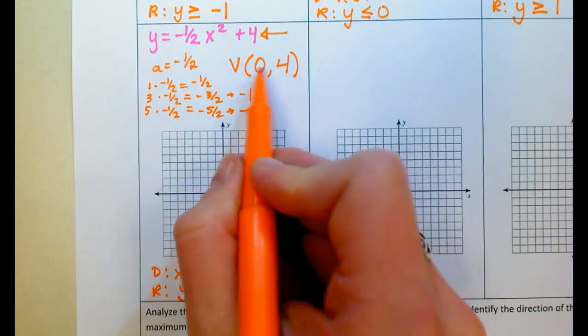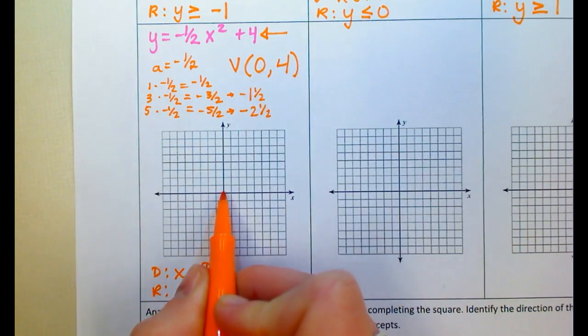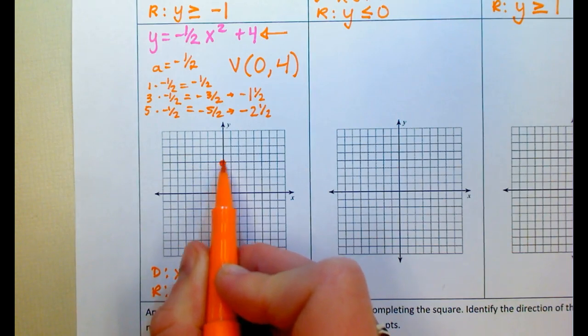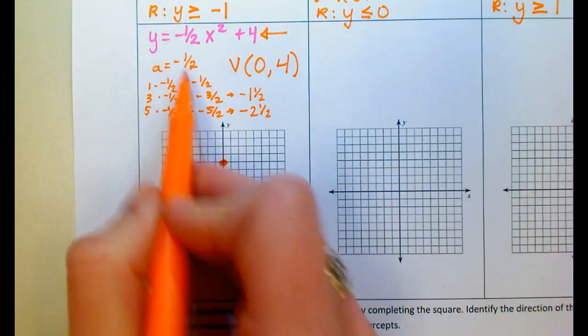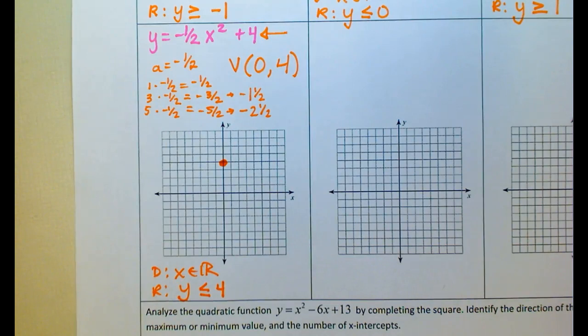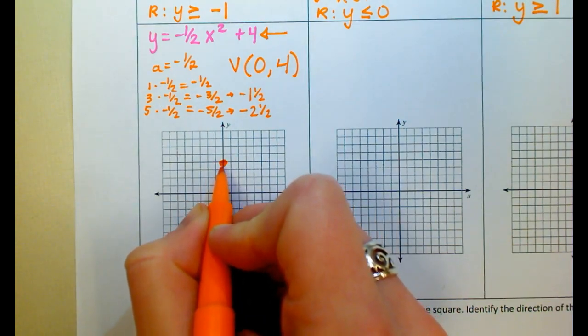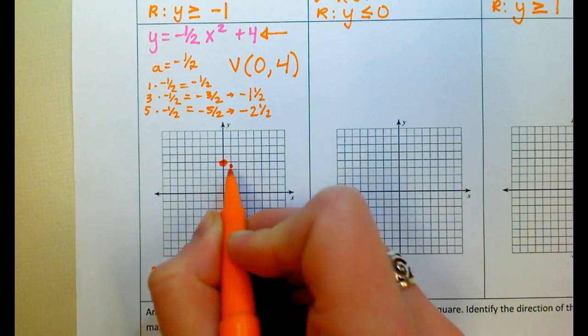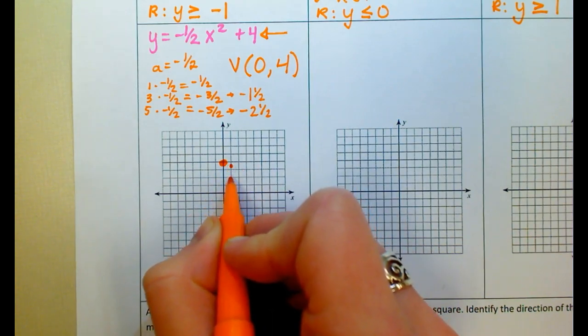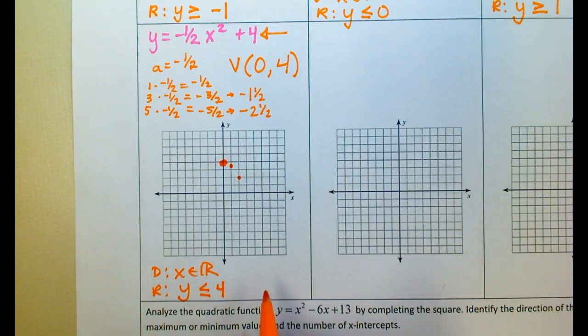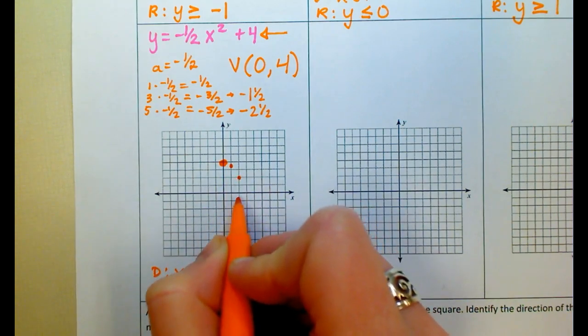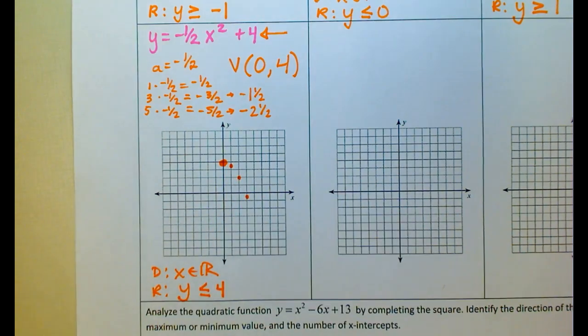So start by graphing your vertex, 0, +4. Our negatives mean that we're going to be going down. So from the vertex, I'm going to go down 1/2 over 1, down 1.5 over 1, and down 2.5 over 1.